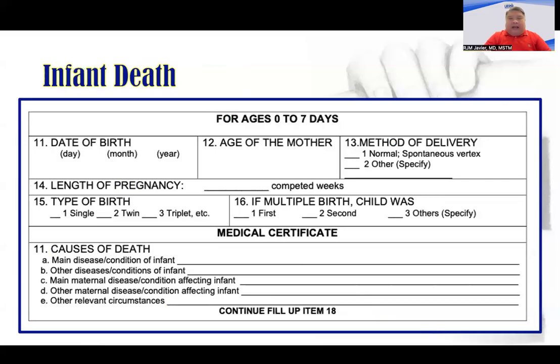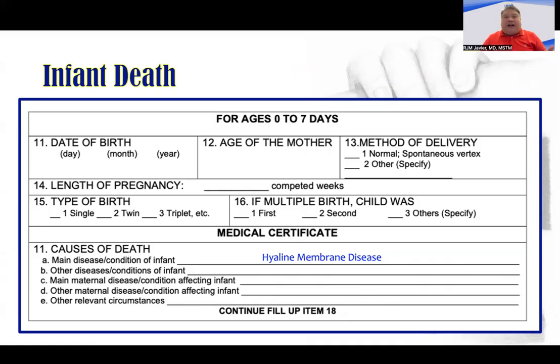You also have to look into infant death. When I say infant, they usually refer to children 0 to 7 days old. And again, you have to put conditions here that are of medical importance. Let's say you have a baby who was born prematurely. Sometimes babies would have what we call hyaline membrane disease, wherein because the baby was born prematurely, the immature lungs are unable to produce surfactant.